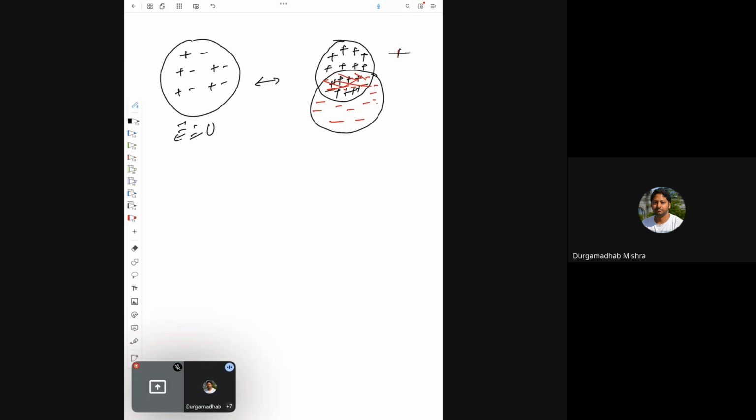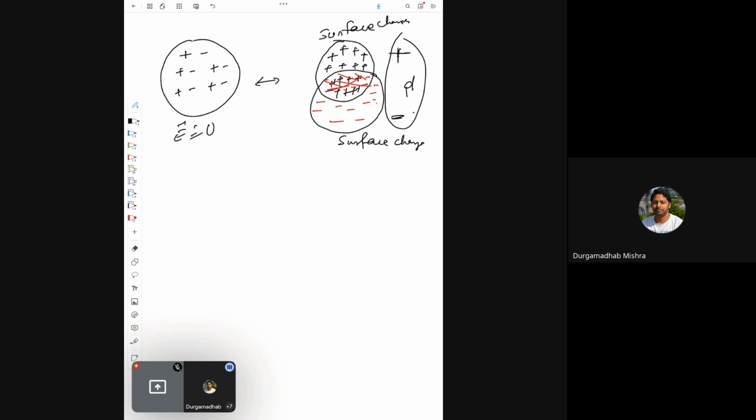So now what you have is a situation of a separation of positive charge and negative charge, which are separated by a distance d, let's say. And these are all surface charges on the sphere.